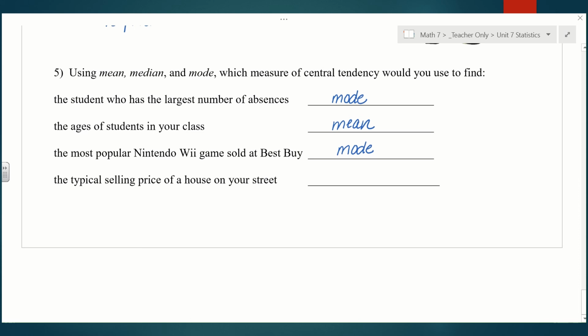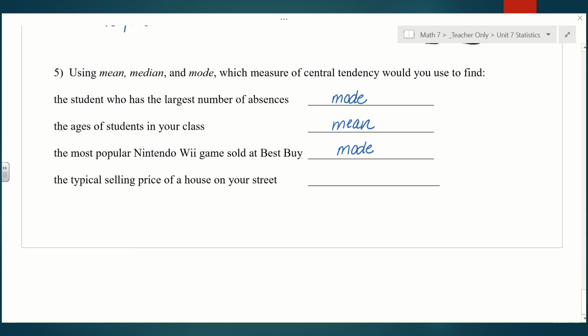Let's pretend most of the houses on your street sell for $250,000. Let's say that's the average home price. But then there's this house on the corner of your street and it's worth, let's say, $600,000.